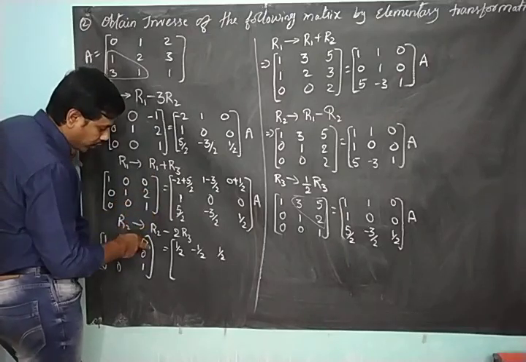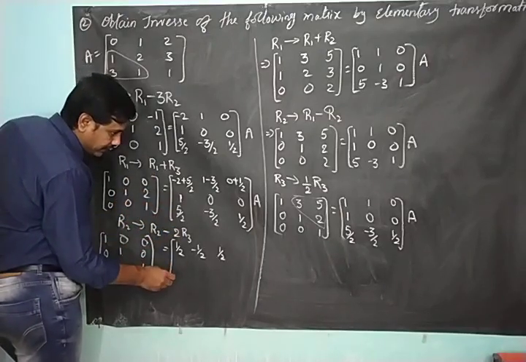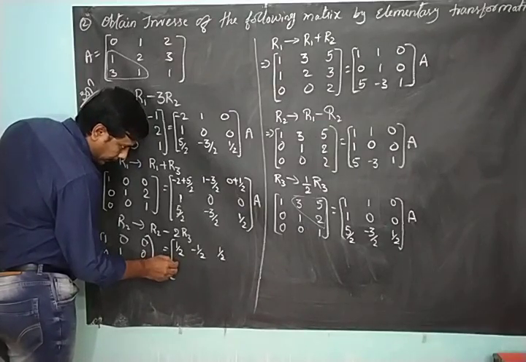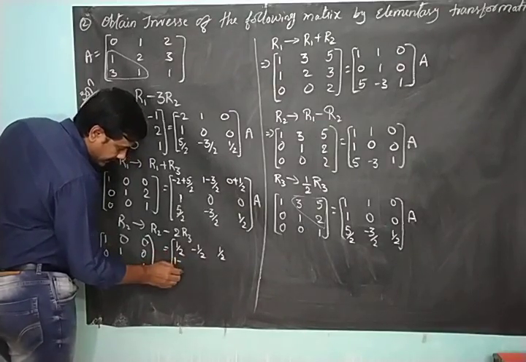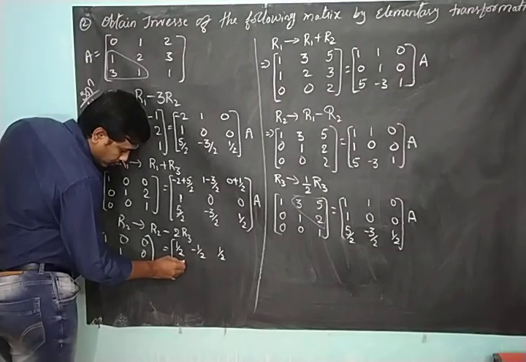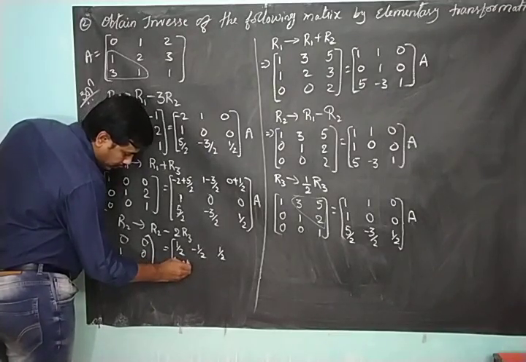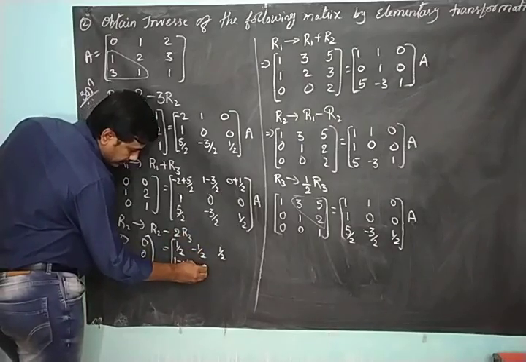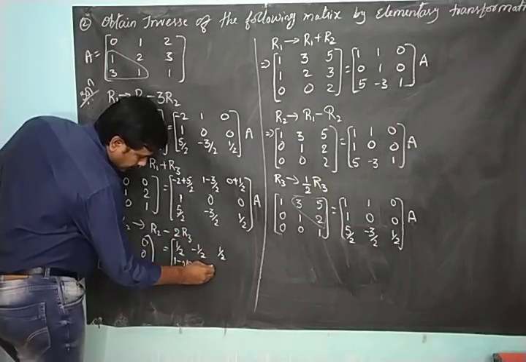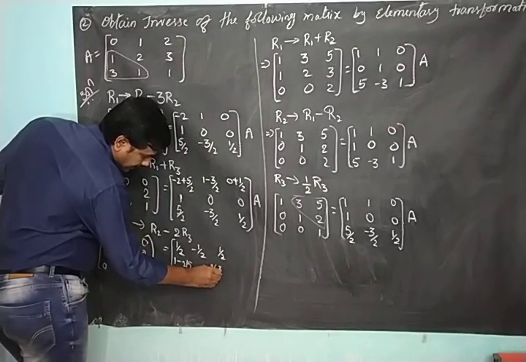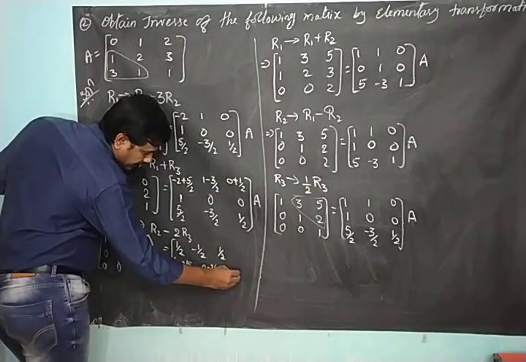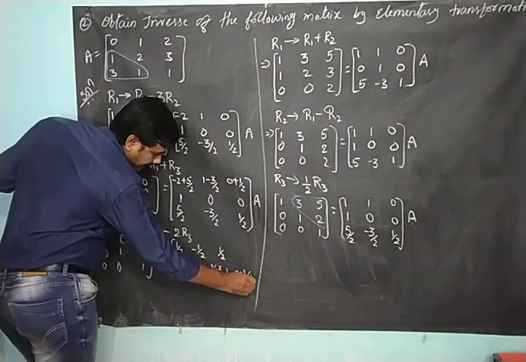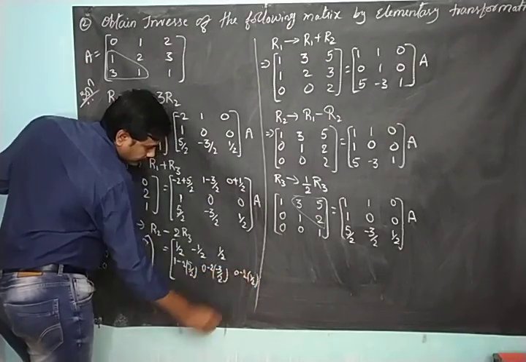Now we applied R2 minus 2R3, so 1 minus 2 into 5 by 2, then 0 minus 2 into minus 3 by 2, and here 0 minus 2 into 1 by 2.